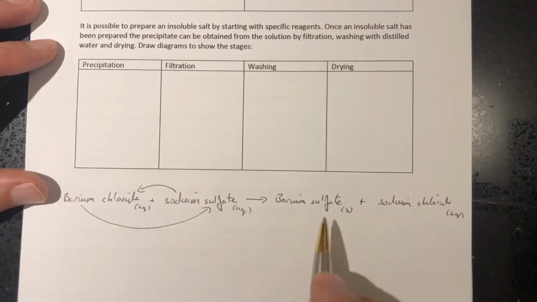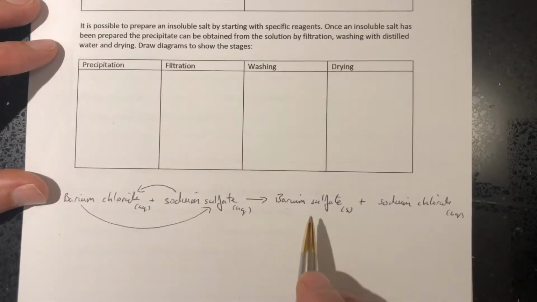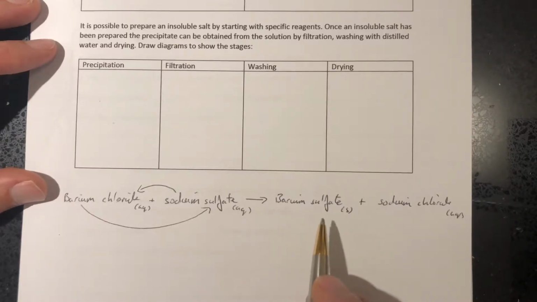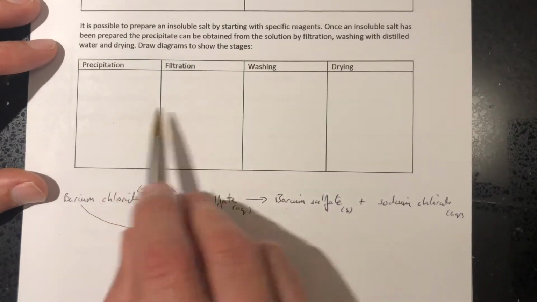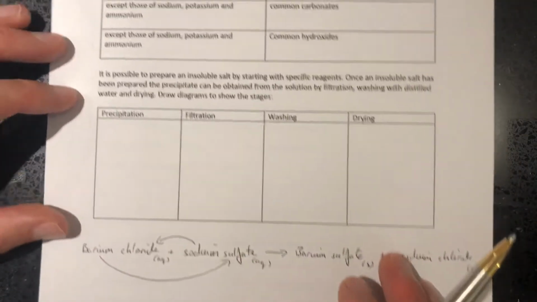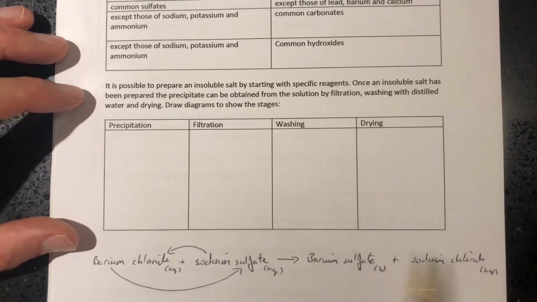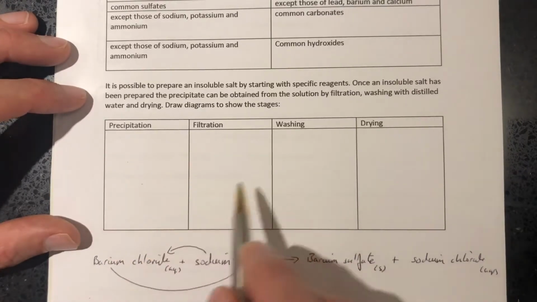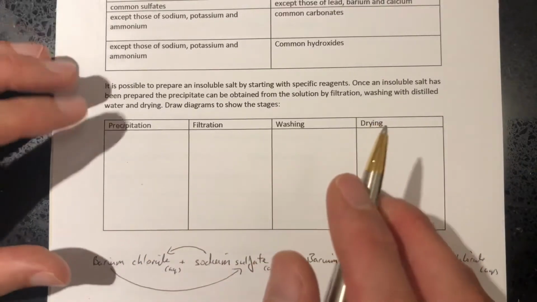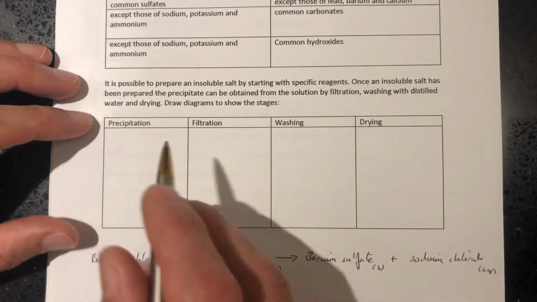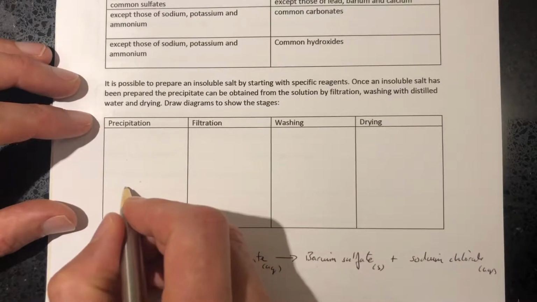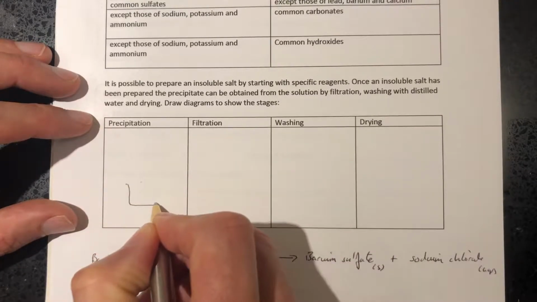Now, what we want to do is get a pure dry sample of that. To do that, we just need to remember three words: filter, wash, dry. And in these boxes up here, we can just draw the apparatus that you might need for that. Now I would recommend you draw these with a pencil and ruler and spend a lot of time on them, because you just have to remember that you mix the two together.